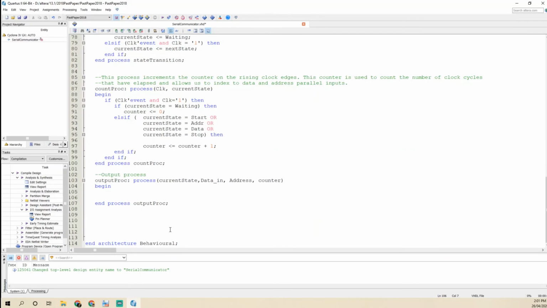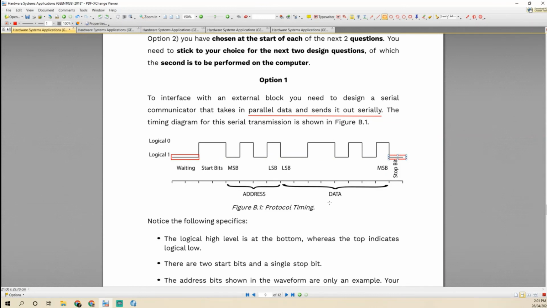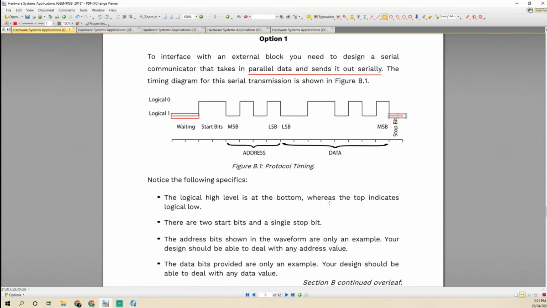Well, when the current state is in the waiting state, or when it's in the stop state, notice that I am transmitting a logic level 1.